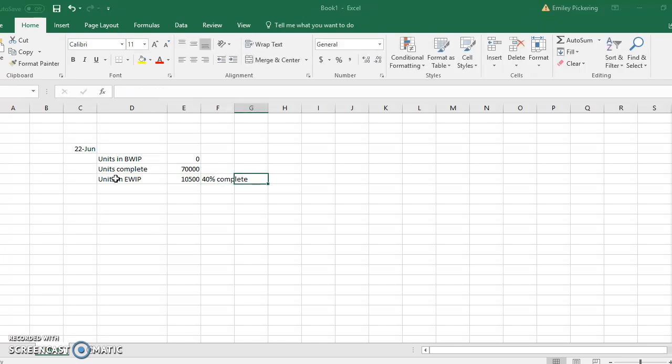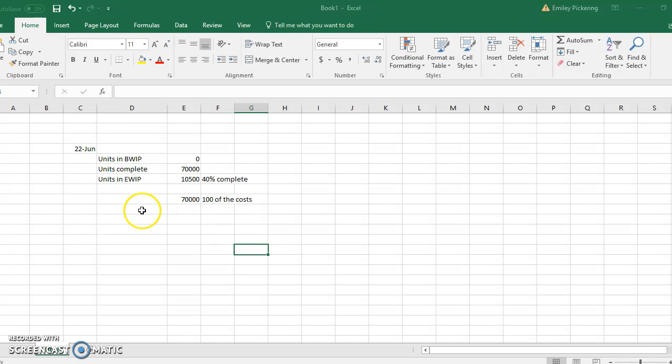So when I'm figuring out my equivalent units, what I want to do is figure out the cost of equivalent units. I'm not actually trying to figure out how many units I have, but what I'm going to use is cost, because that's really what we're concerned about. So I know for sure that I have 70,000 units that are completely done. I have accumulated 100% of the cost, because those are done and over with.